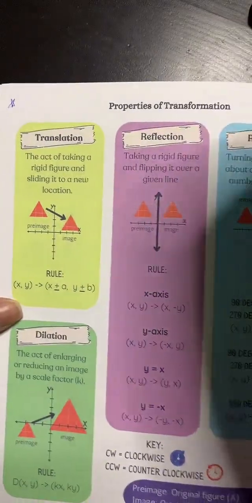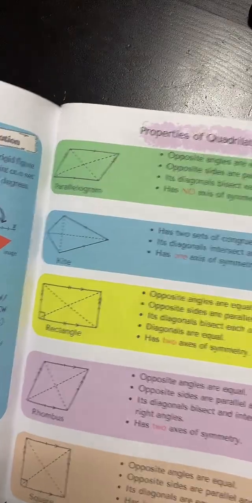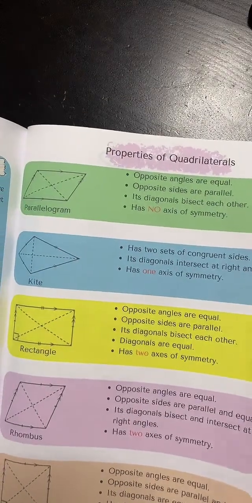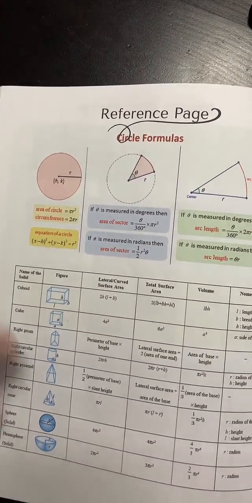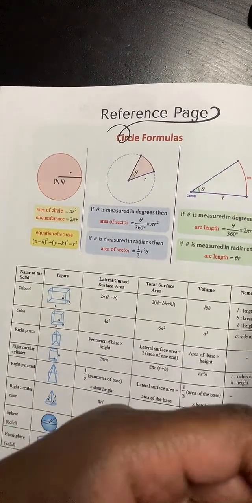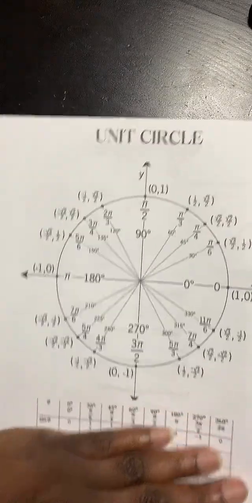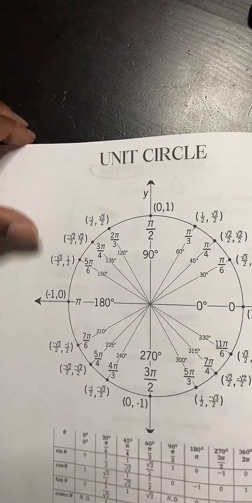We got our lines, some things for transformation, and properties of quadrilaterals, which I use a lot. Then I have my trig stuff, and my reference pages. If we're looking at surface area and volume, I have the formulas for that, as well as, when you get a little more advanced, the unit circle, everyone's favorite.